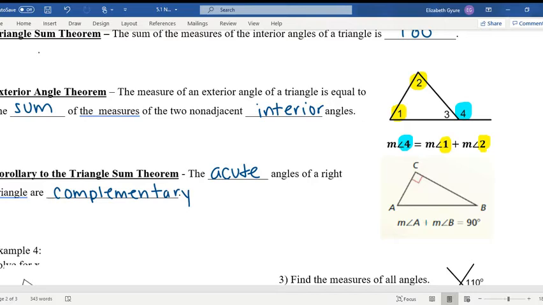Now, think about that. If you have a right triangle, like this triangle here, triangle ABC, you're going to have one right angle, right? If angle C is already a right angle, and you know all three angles have to add to be 180, well, what's 180 minus 90? 90.